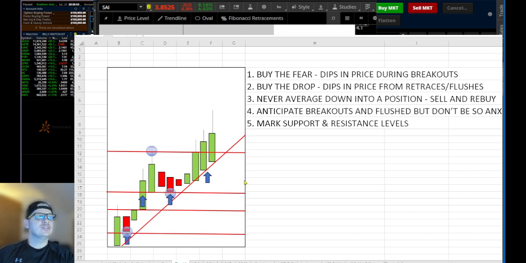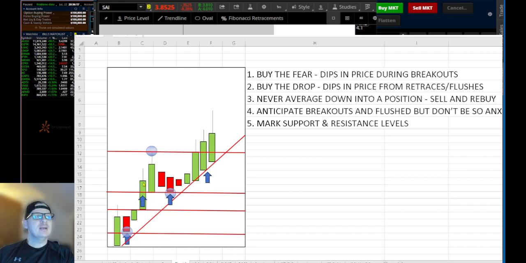And that essentially is what this first statement here is: buy the fear, right? As this price action is moving up, you're going to have people that are selling their shares off because you don't know how high the stock price is going to move. They're going to start dumping their shares, get scared, and start selling off.